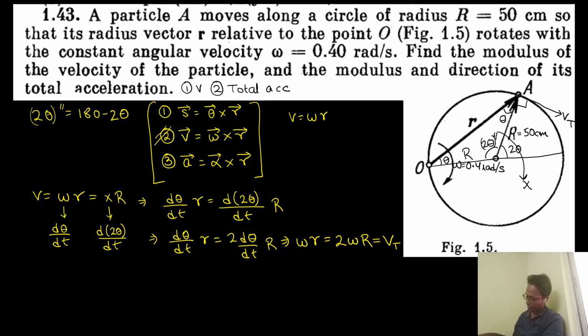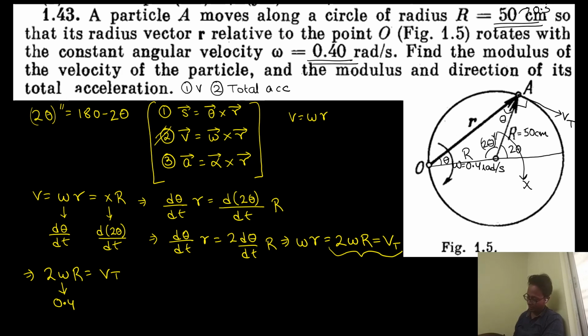So take this equation: 2 omega R is equal to the tangential velocity. What is the value of omega? 0.4. What is the value of capital R? The value of capital R is 50 centimeter or 0.5 meter.